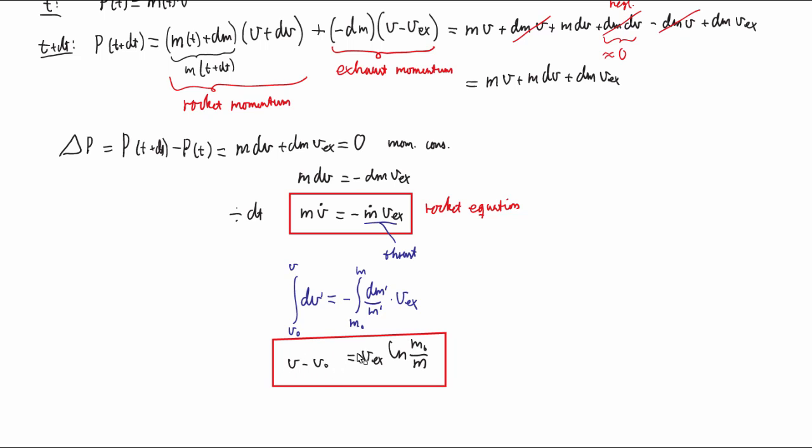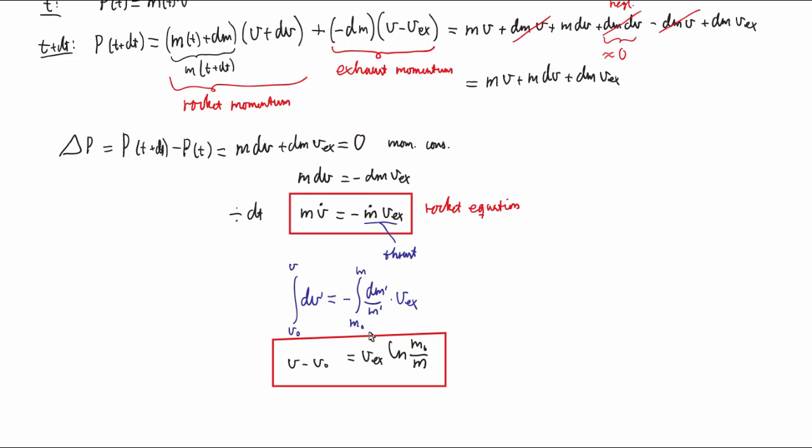The change in velocity that's imparted by this exhaust here is proportional to the velocity of the exhaust, but it's also proportional to the logarithm of the ratio of the initial mass to the final mass. And unless that's a very large number, the final velocity is not going to differ very much from the exhaust velocity.